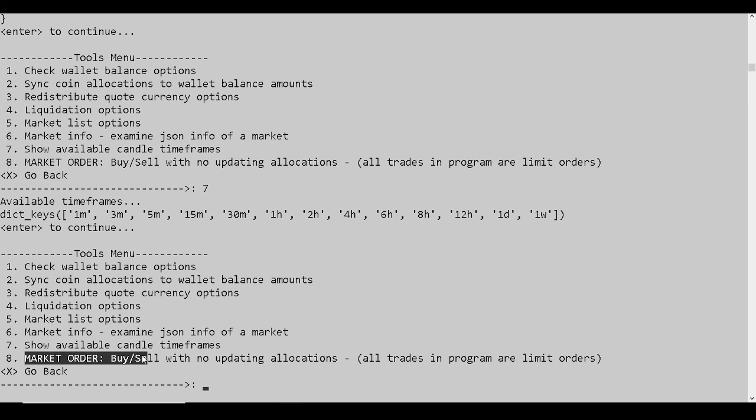Because it's running on your API key set, it can place that order instantaneously without any red tape in the way. But again, this will not at all affect allocations. So if there's any allocation remaining and you place a market order, you'll have to reset that later.